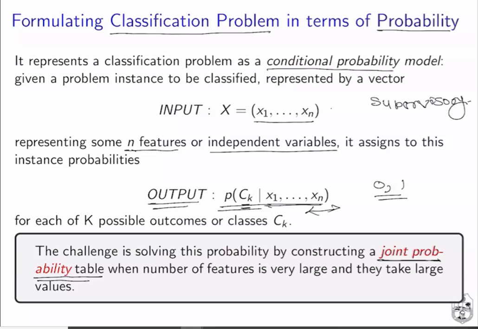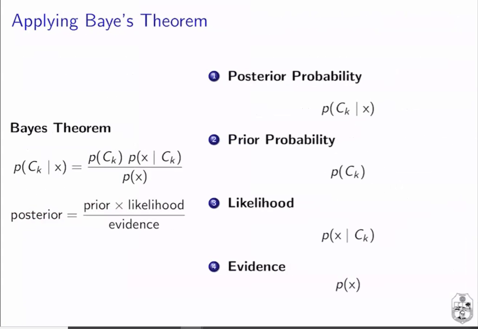But the challenge here is that for a very large number of high-dimensional feature vectors, meaning when the number of features is very large and the data set is also very large, it is difficult to construct such a joint probability table. One effective way to evaluate this conditional probability, when the number of features and the size of the data set are both large, is to use the Bayes theorem.